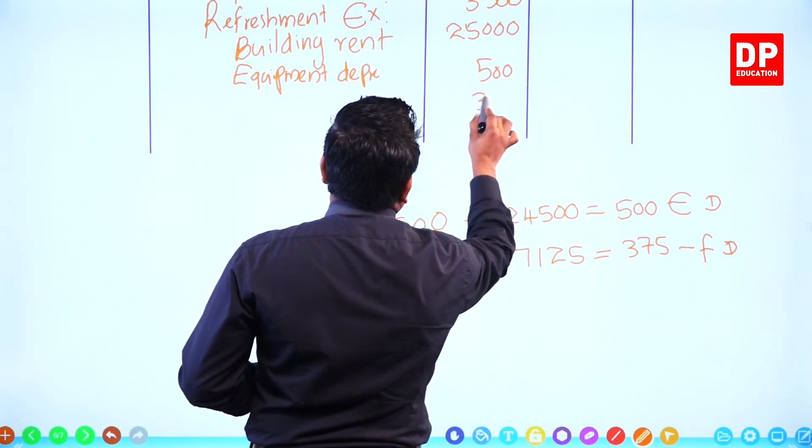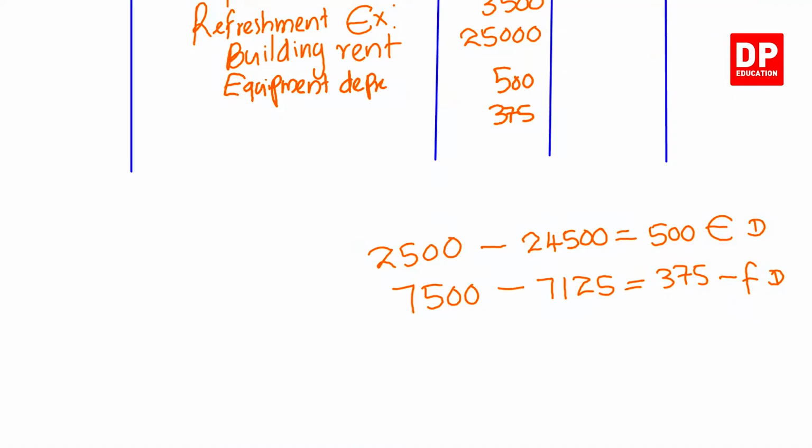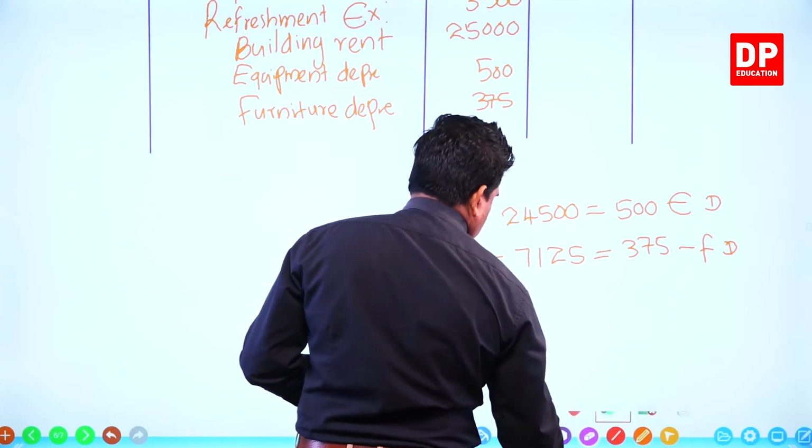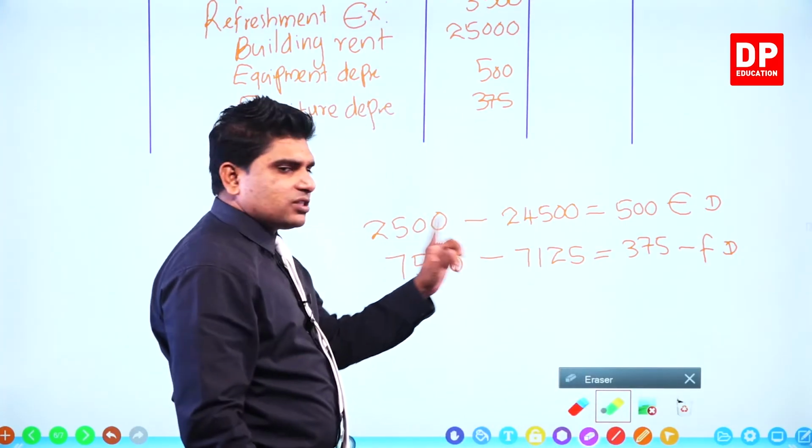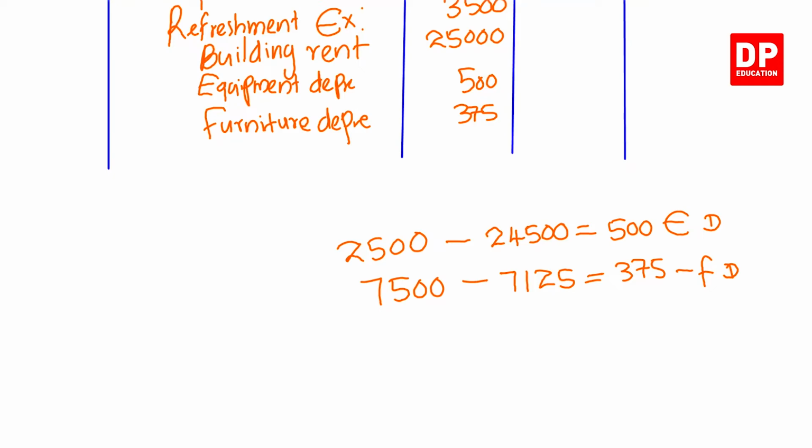Here 375. What is this? It is furniture depreciation. Right? Now, I think you can write down these calculations. Quickly write them down, because I am going to erase now.